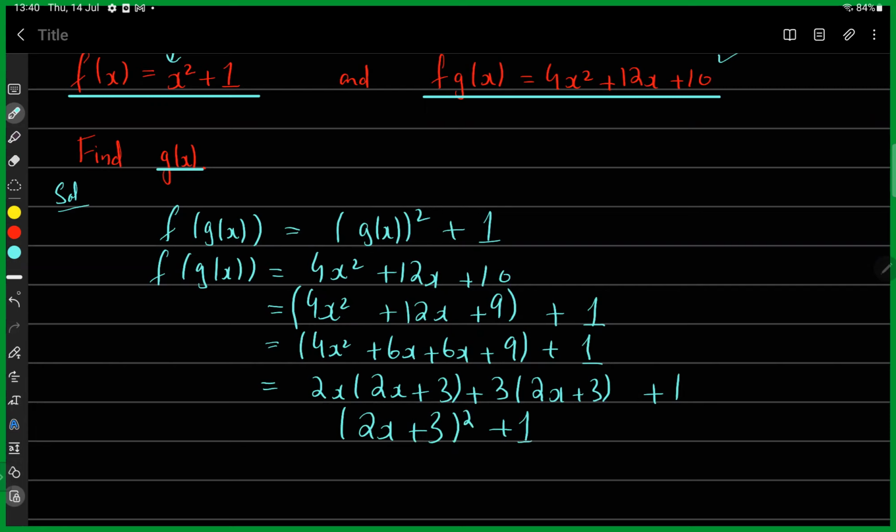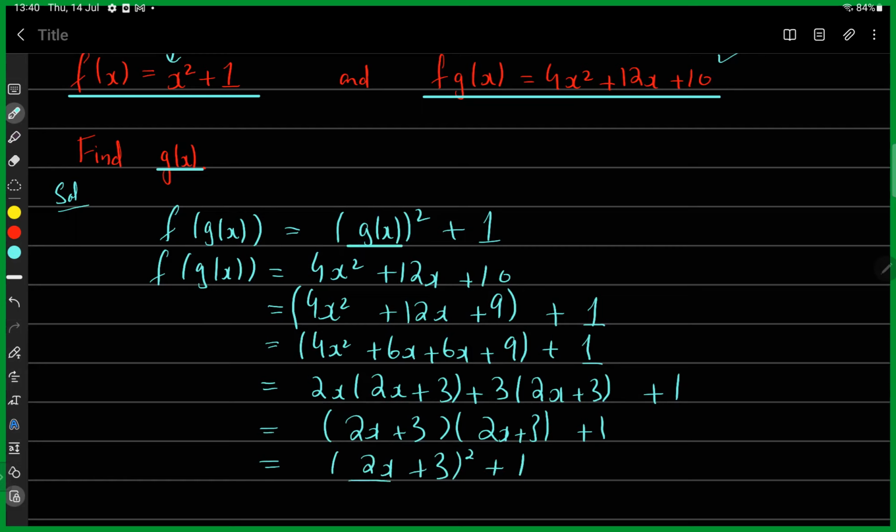When I factorize this quadratic, I get 2x plus 3 multiplied by 2x plus 3, and plus 1 is coming as it is. Now I can clearly see that g of x is basically equal to 2x plus 3.